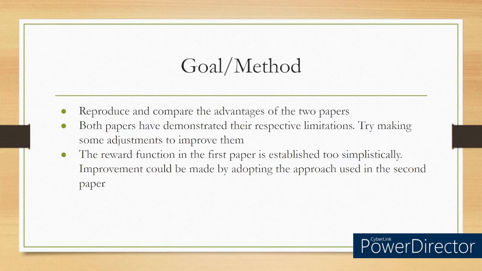The reward function design in paper 1 is deemed too simplistic, limiting its effectiveness in guiding the learning process. With a more sophisticated reward function or by exploring hybrid approaches, we aim to improve the effectiveness and efficiency of object detection algorithms. Our presentation concludes here.